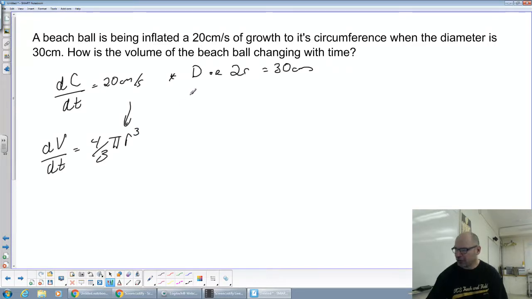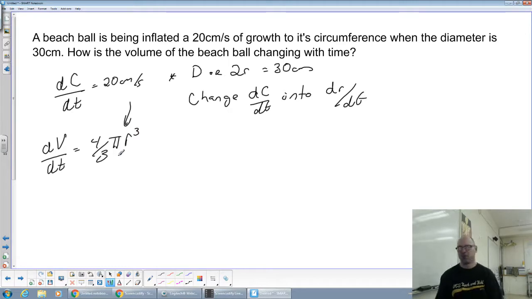Because of the r, we have to change dC/dt into dr/dt, because we need dr/dt for this r. The circumference is not in the volume formula. So that's the first thing we're going to do.